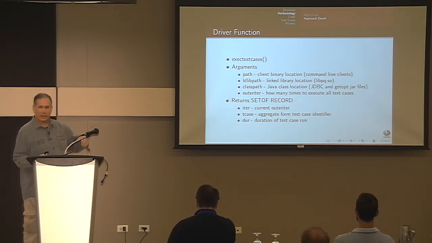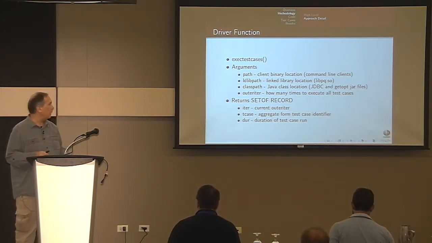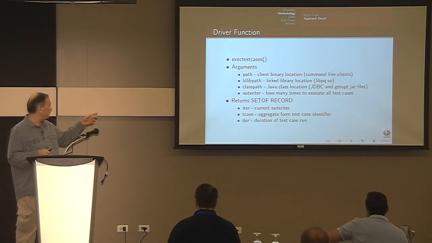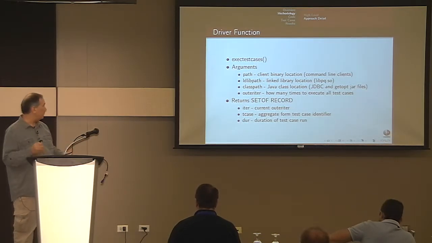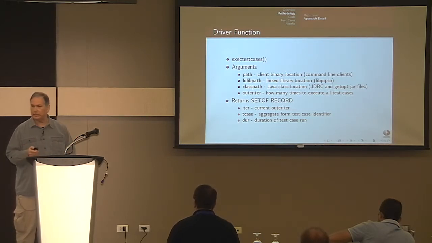I needed to have the class path set for Java, so I pass all of that stuff into the function, and then it executes the client using the correct paths. And then again, as I mentioned, I set how many times I want to execute each of the test cases. It returns which iteration I'm on, the actual identifier for the test case, and the duration.